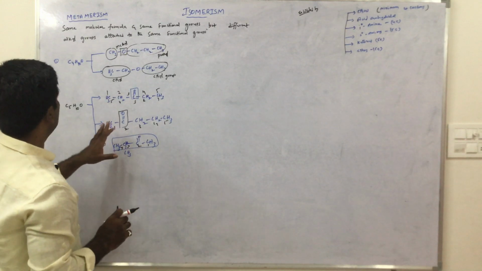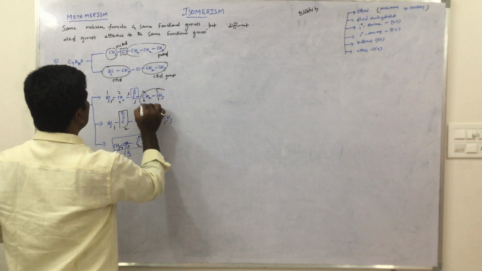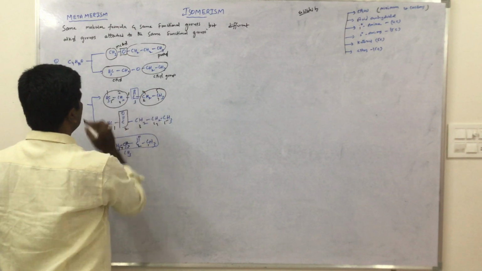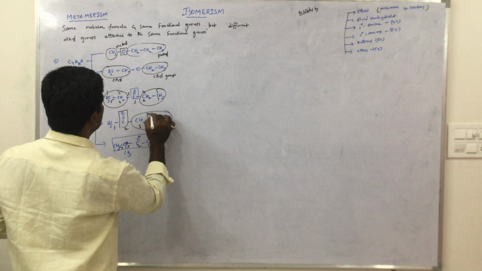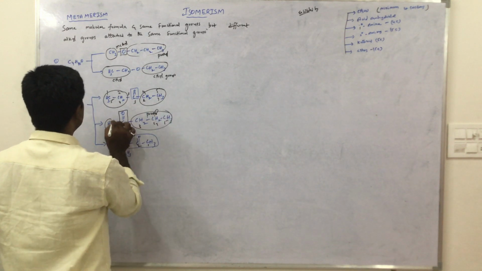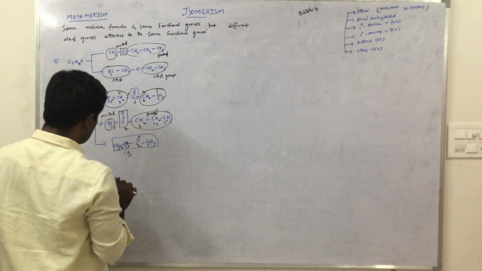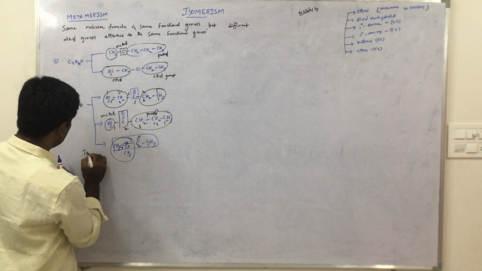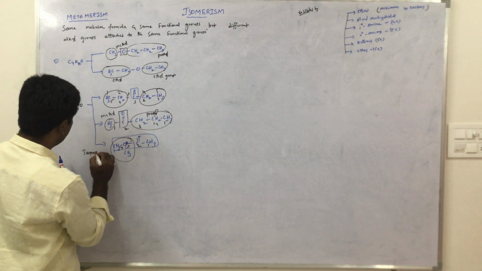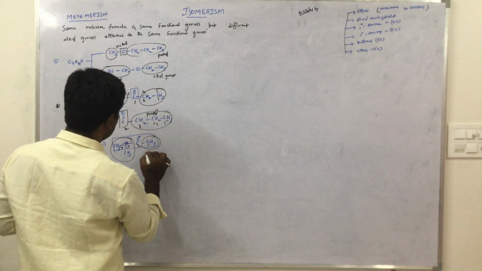These three are metamers. Here this is an ethyl group, this is an ethyl group; this is a propyl group and this is a methyl group; this is an isopropyl group and this is a methyl group.